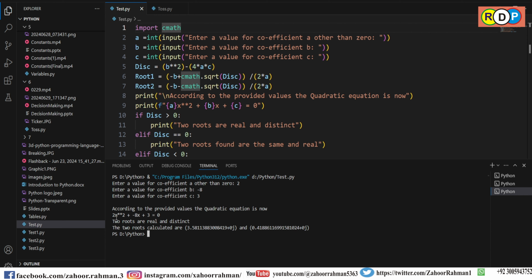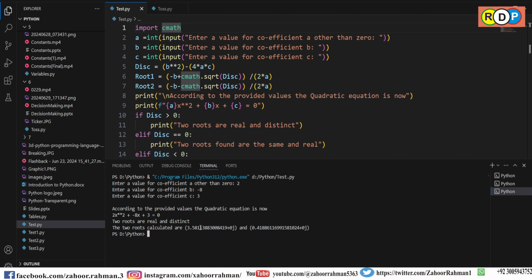First it is giving me that 2x square plus -8x plus 3 is the general form of the quadratic equation. When the discriminant is calculated according to the evaluated values, the two roots are real and distinct.